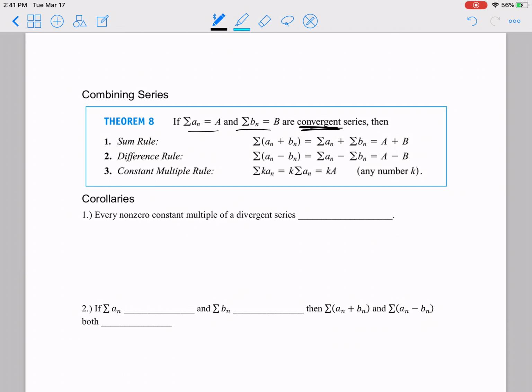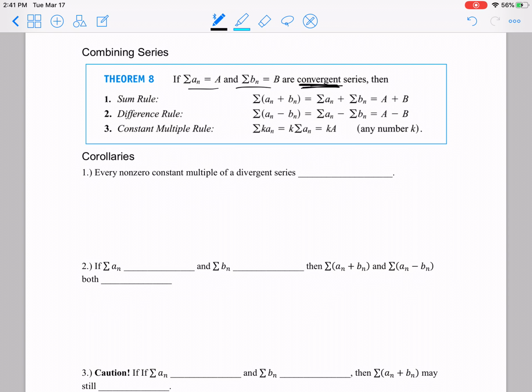Here are some corollaries, some things that follow because of this theorem and these rules we've got. Every non-zero constant multiple of a divergent series diverges. So if you have a series, the sum of 2n plus 2 over n, sorry, I meant to have this over n: 2 plus n over n.